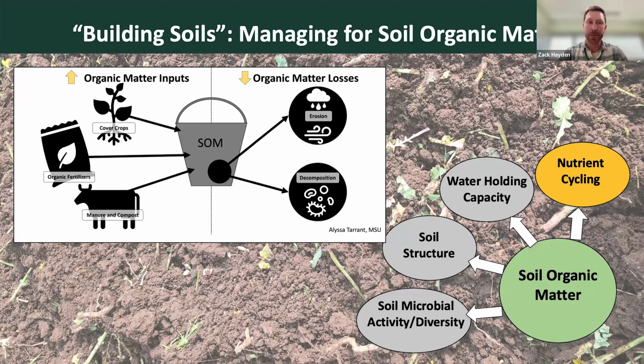On the other side, increasing organic matter inputs is where we're trying to increase input of cover crop or crop residues, organic fertilizers, or manures or compost. A lot of that is organic nutrient management, and that's what we're going to dig into a little bit more today: the basic principles you need to understand to manage those well.